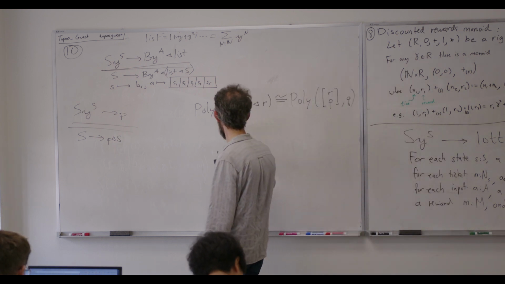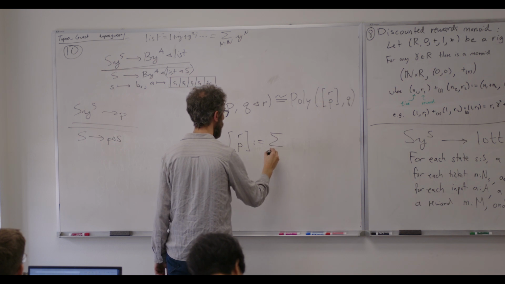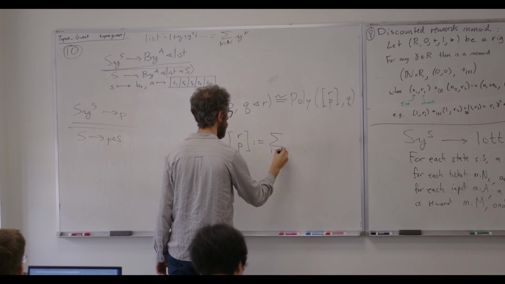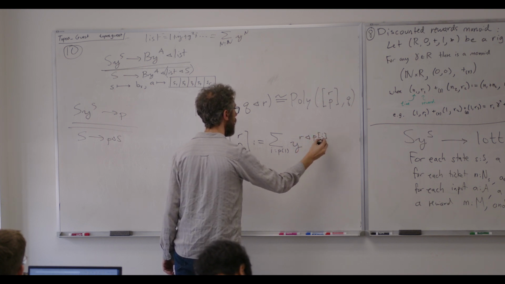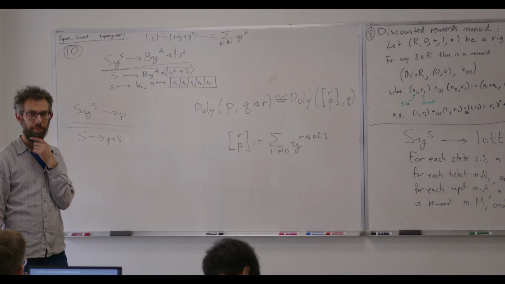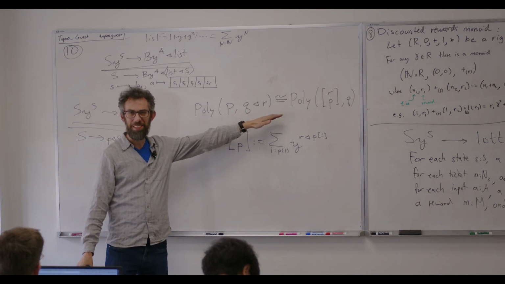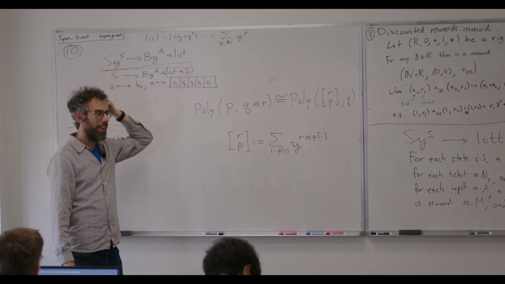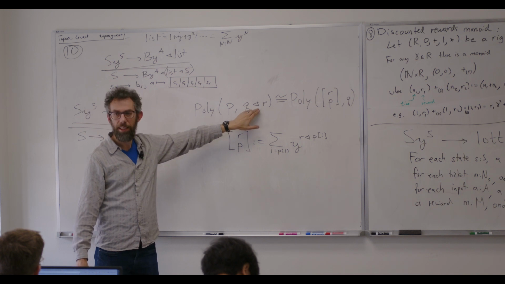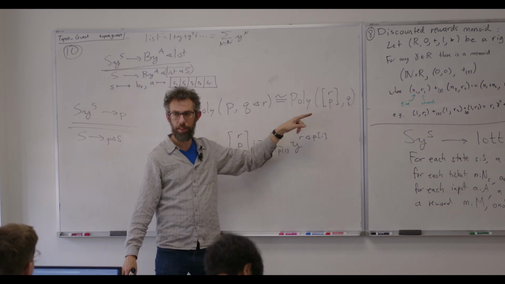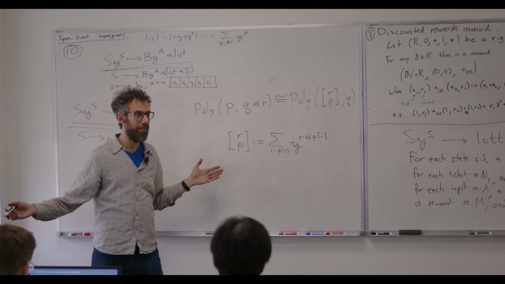So what is p r? It's the sum over i in p1 of y to the r composed with p i. I'm talking about it because composition has an adjoint. It's written like this, and it has a formula like this.